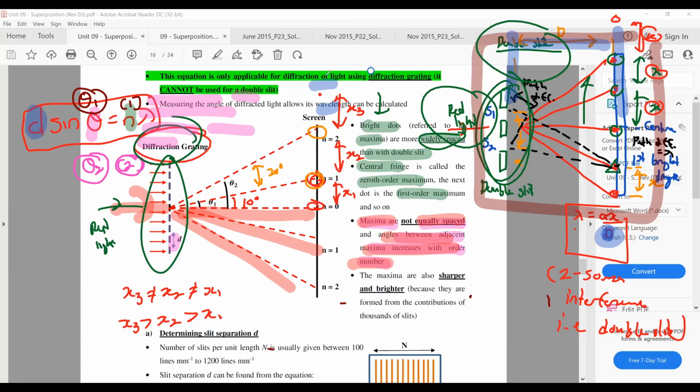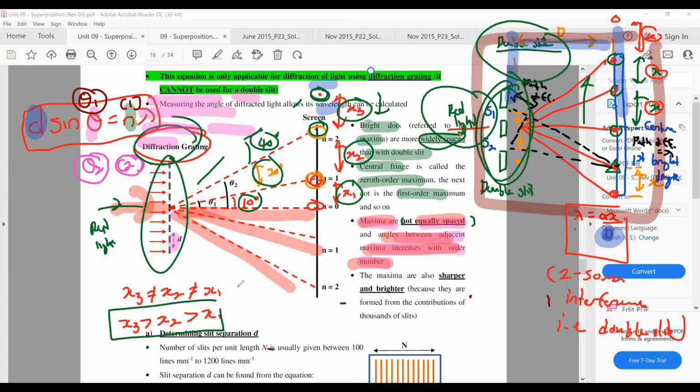Then between the third order and second order, your angle becomes, say, 40 degrees. It's because the angle keeps increasing that the distance between the fringes, or the bright dots, keeps increasing. They won't be equally spaced.